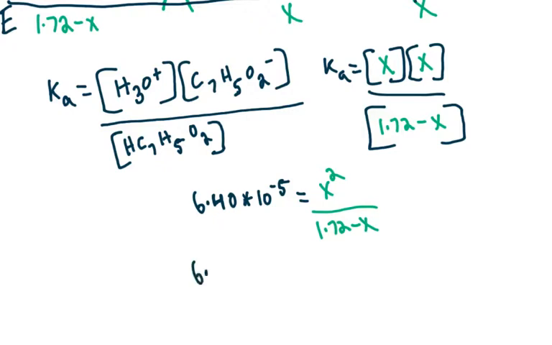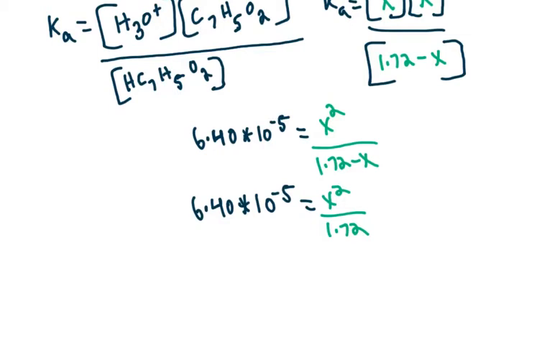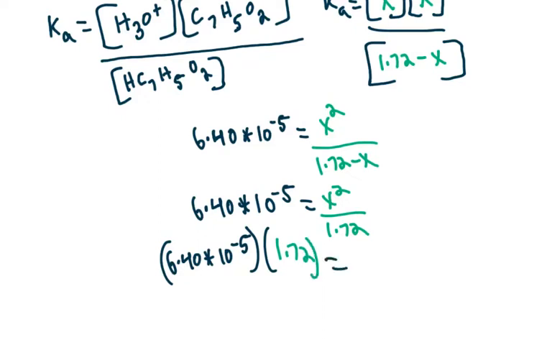So then what we can write is this: 6.4 times 10 to the negative 5, which is the Ka value for benzoic acid, is equal to X squared over 1.72. Now we just solve for X. So we're going to write 6.40 times 10 to the negative 5 times 1.72 equals X squared.